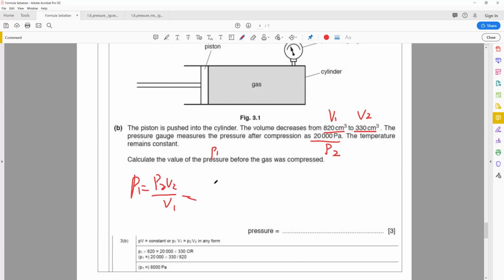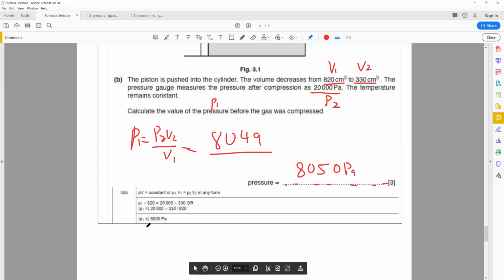You'll get a super random number, which is 8049. And like I've mentioned many times in class before, if you're given these kinds of answers, when you write it down on the dotted line, you can only write a maximum of 3 significant figures. So it's going to be 8050 Pa. Or alternatively, you see in the mark scheme, they always give 2 significant figures. So it's going to be 8,000 here.